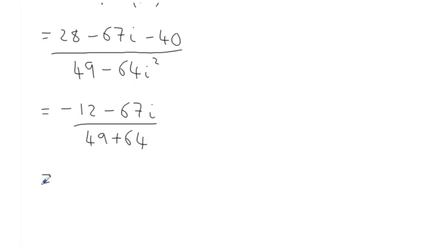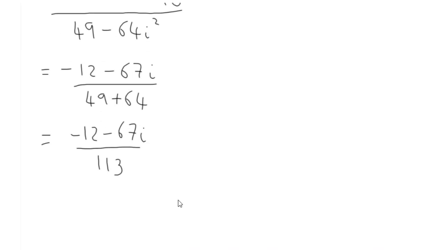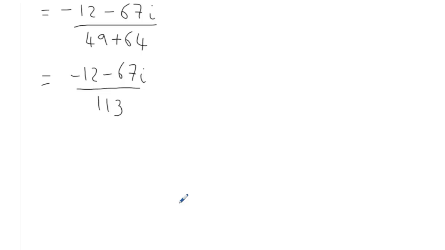Okay, so it's going to be a bit messy. So 49 plus 64, well, 40 plus 60 is 100. 9 plus 4 is 13. So you have 113 on the bottom. On the top, minus 12 minus 67i. And you can't do a lot with that other than separate the real and imaginary parts.